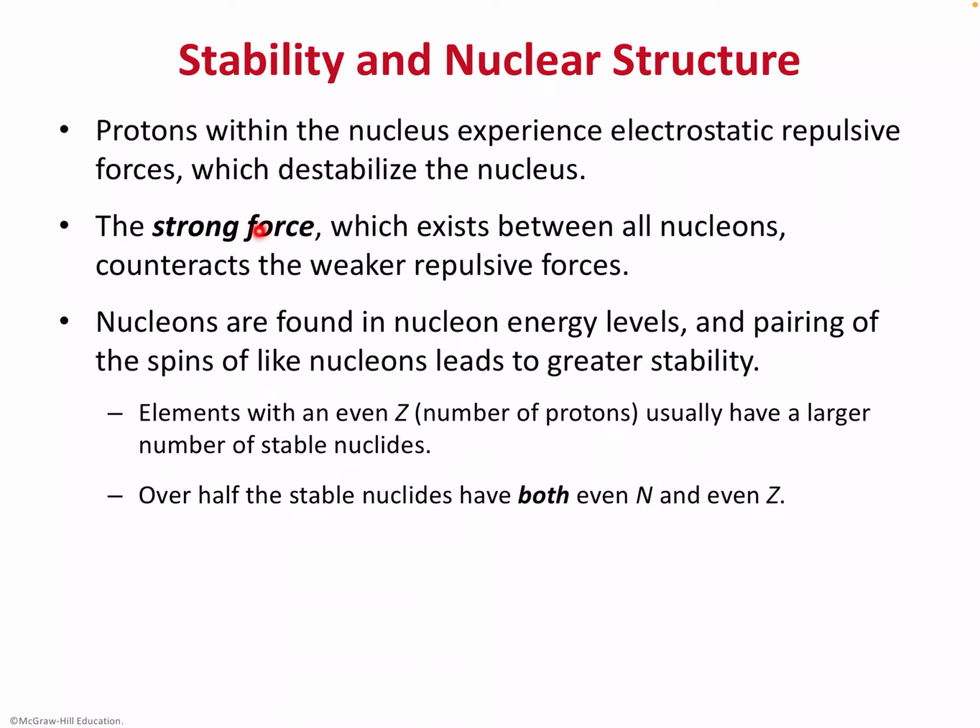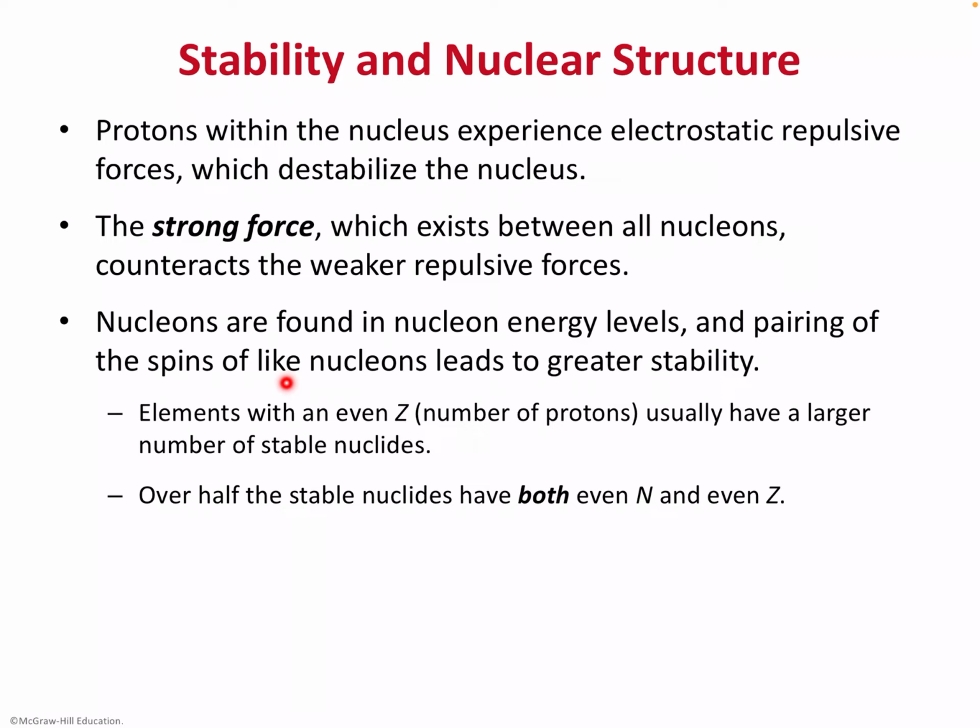Due to that, the strong force wins over electrostatic repulsive forces, and as a result all the nucleons are bound together inside the nucleus even though they have positive charges. Nucleons are found in nucleon energy levels, and pairing of the spins of like nucleons leads to greater stability.